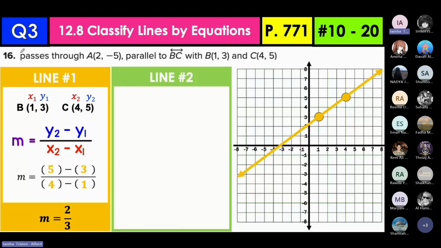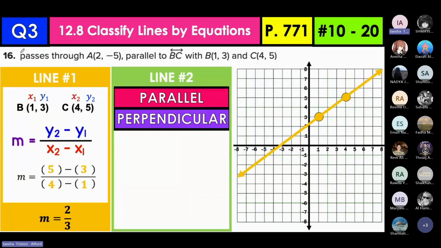Now we have to make a second line. In the writing, does it tell you it should be parallel or perpendicular? Parallel. So what do you know about parallel slope? Same slope. So it's going to have the same slope.